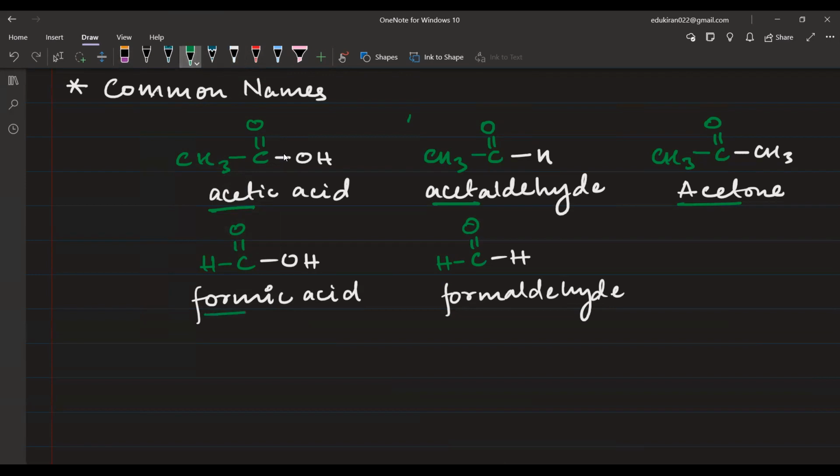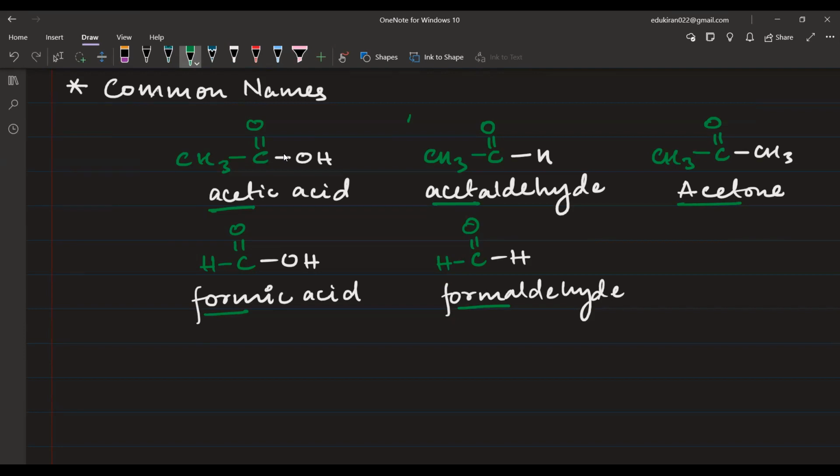Please remember these things: acetic acid, acetaldehyde, acetone, formic acid, and formaldehyde. You have to remember them as the IUPAC names, even though they are common names. You will never see someone writing acetone as propan-2-one. They will always write it as acetone. Similarly, no one is going to write this as ethanoic acid.